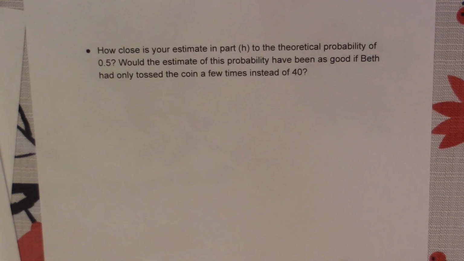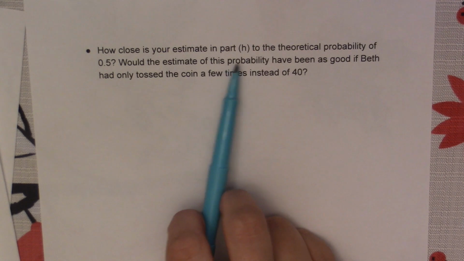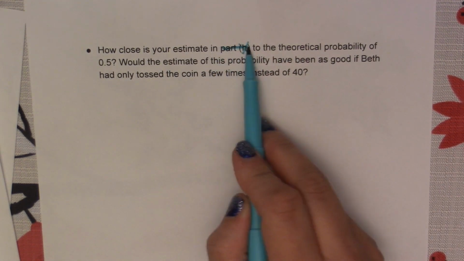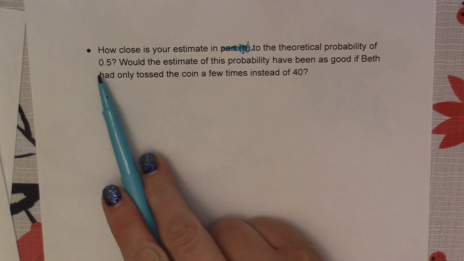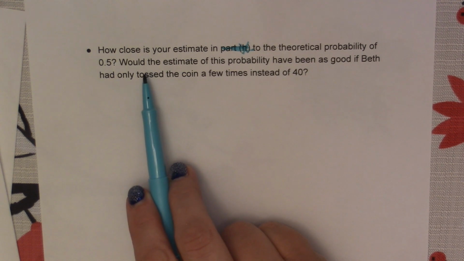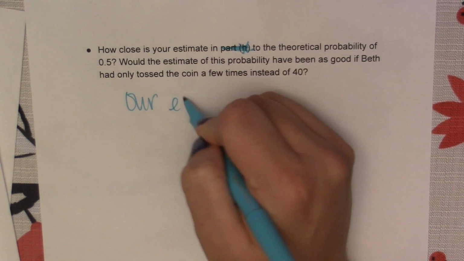Oops. Okay. How close is your estimate in part H? Oh, you don't have a part H, sorry. So how close is our estimate to the theoretical probability of 0.5? So I think our estimate is very close. We got very close to that in our graph. So our estimate is close.